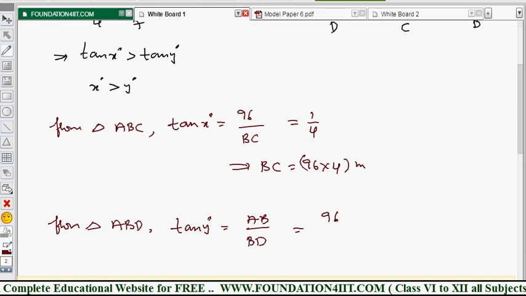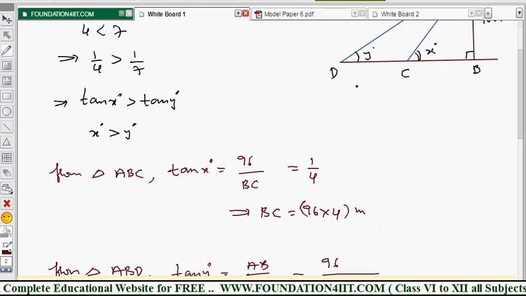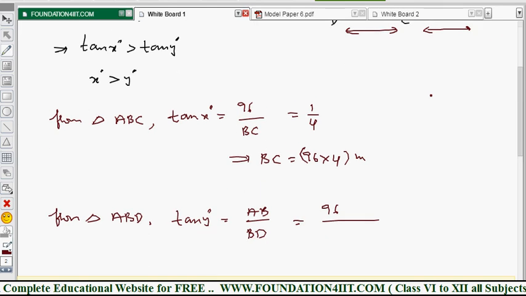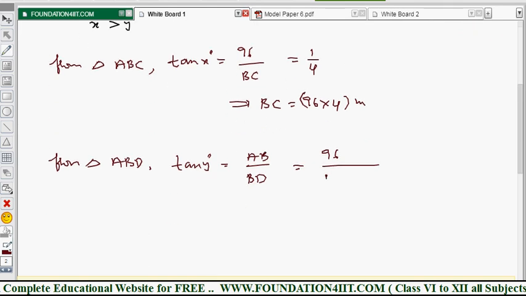AB is 96 by BD, and BD in total is DC plus CB, these two together. So DC plus BC value, which is 96 into 4, and the tan y value is 1 by 7, so that value is 1 by 7. This will simplify now.